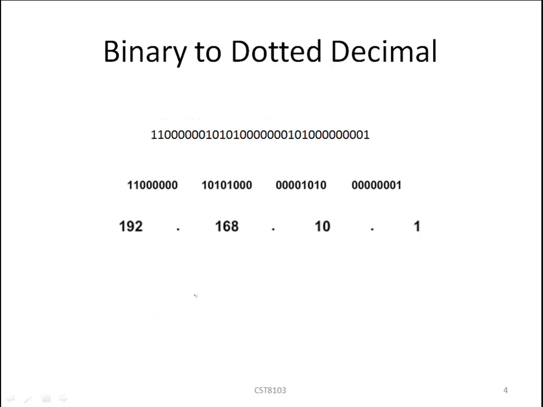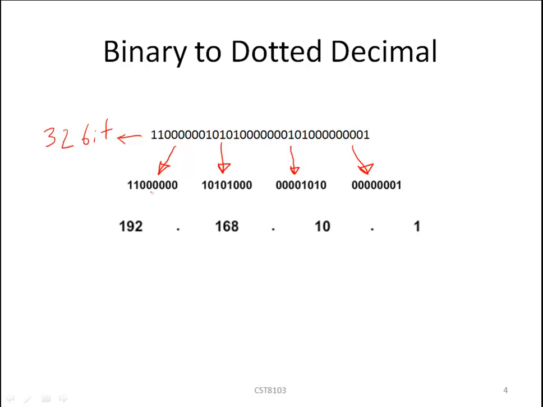Let us look at how we convert a 32-bit binary to dotted decimal notation. First, we begin with our 32-bit binary and divide into 4 groups of 8. So we divide our 32-bit into 4 octets.